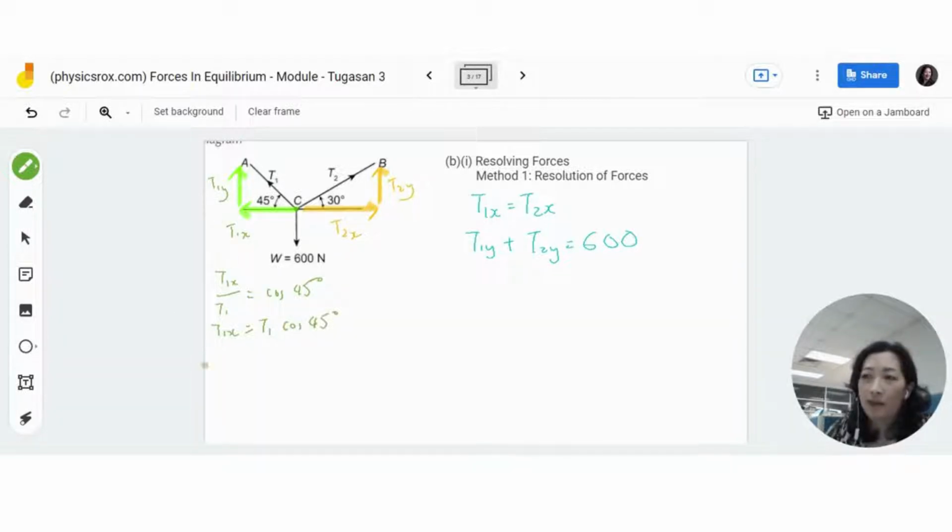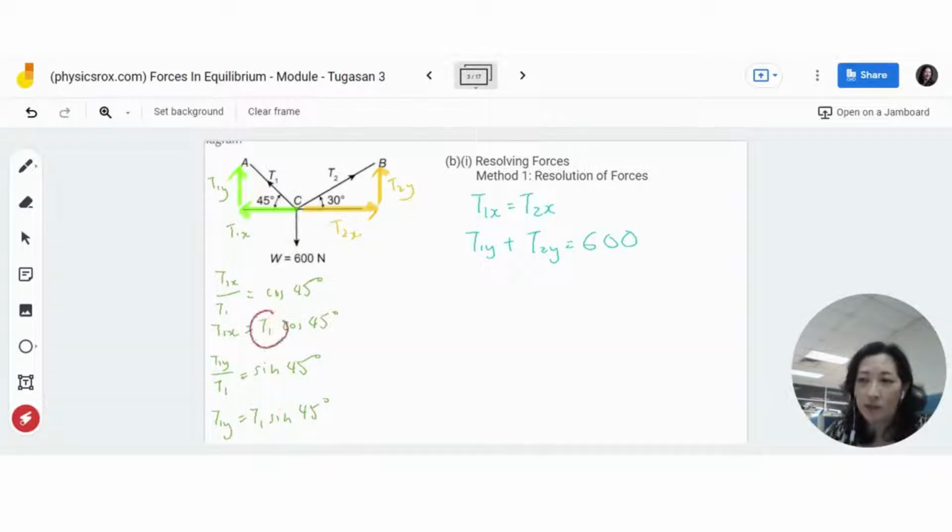So in the same vein, for T1y, opposite over hypotenuse of T1, that gives us sine. So that means T1y equals T1 sine 45. Now what we have here is still a bunch of unknown values, but it's all right. We'll reduce it down to the expression of T1 so that we can solve it.